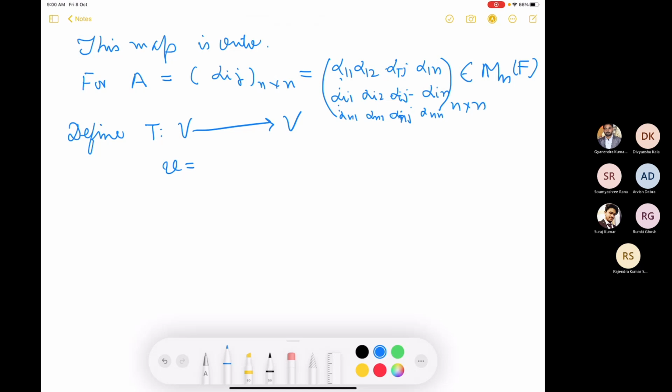Let us take V to be specific, say Fn, then things will be even better. So let us take this V to be Fn.